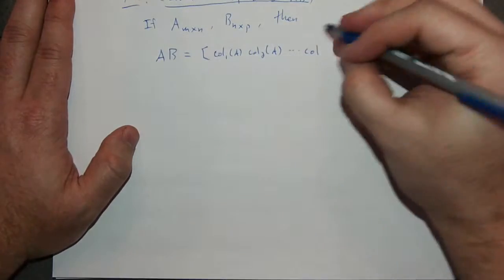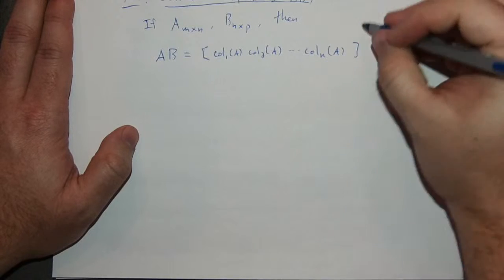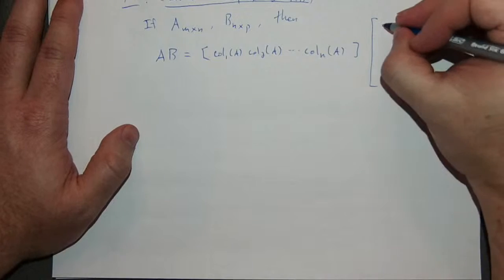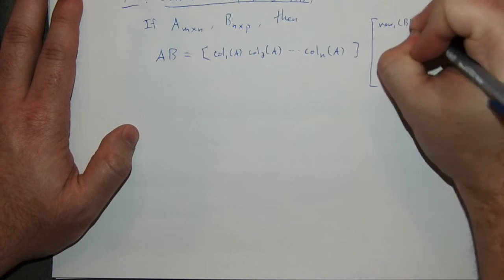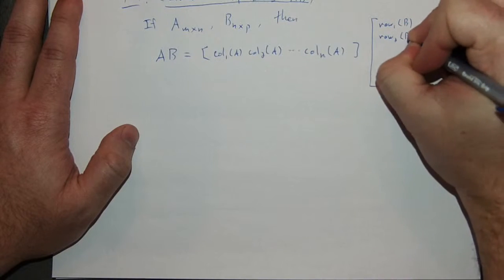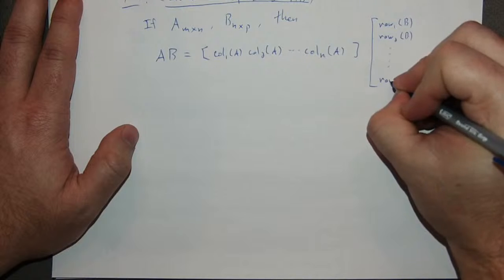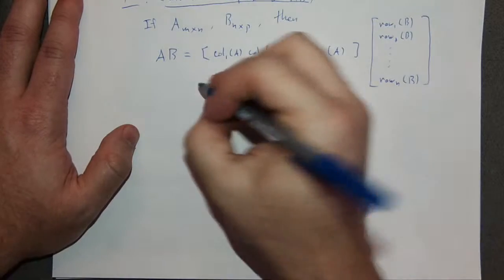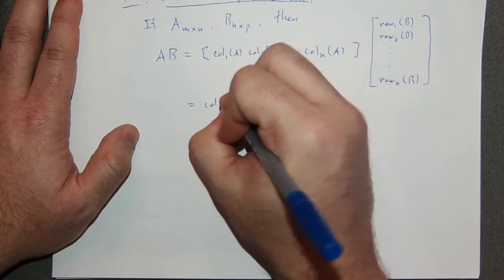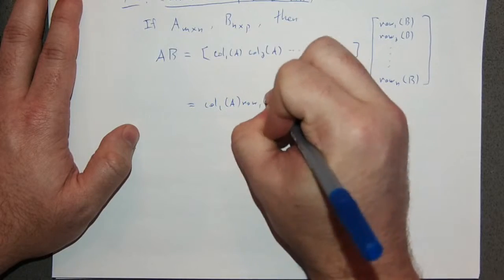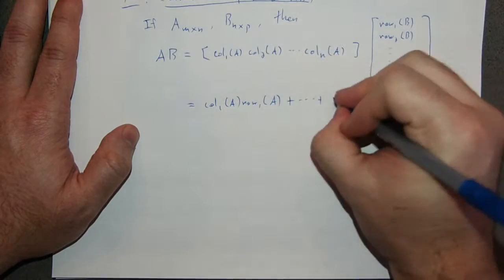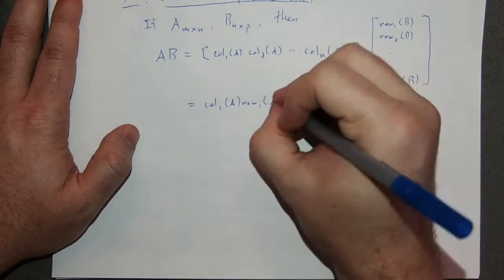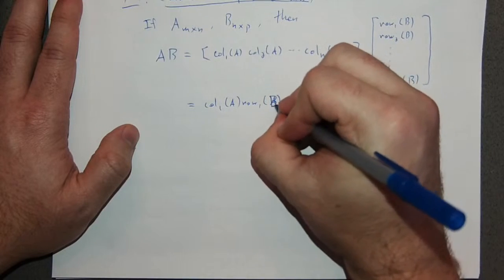There's n columns. Times the column vector consisting of the rows of B, so row 1 B, row 2 B, and so on all the way to row n B. So there's n of them in each case to match up here. Okay, and this is col 1 A times row 1 B, and so on all the way out to the last, col n A row n B. Sorry, this should be a B. There we go.